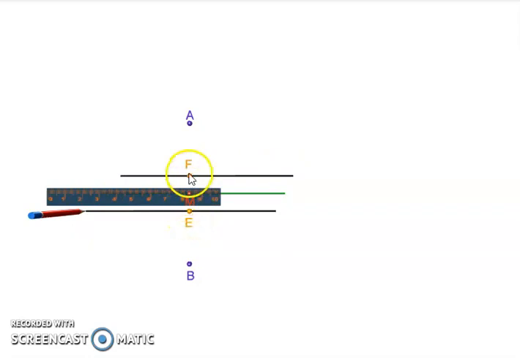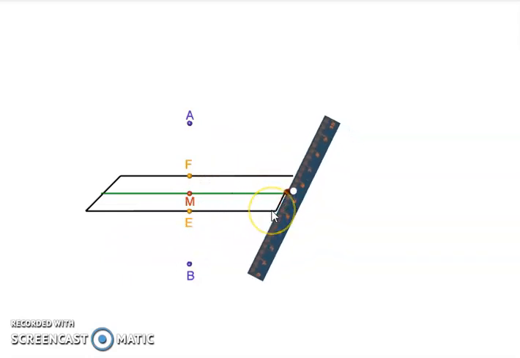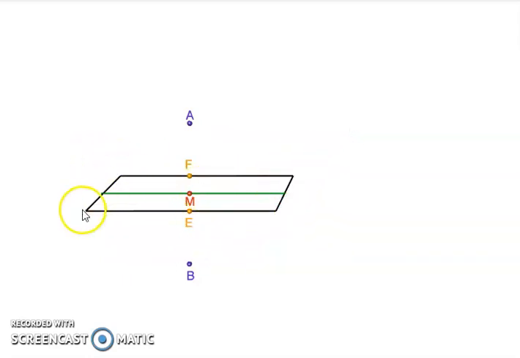So now you have these 2 lines intersecting at point F and another at point E. So E and F. If we join all the points together, you will get a 3D plane.